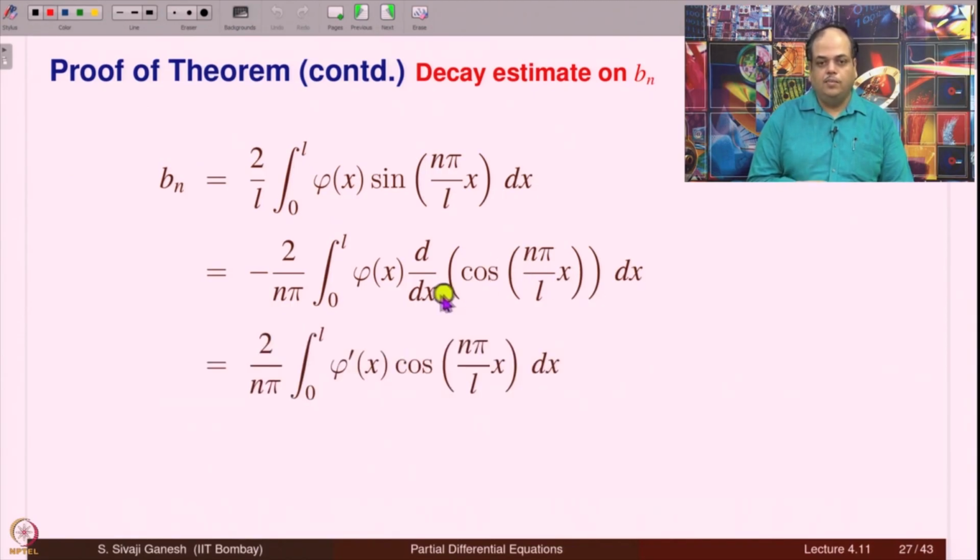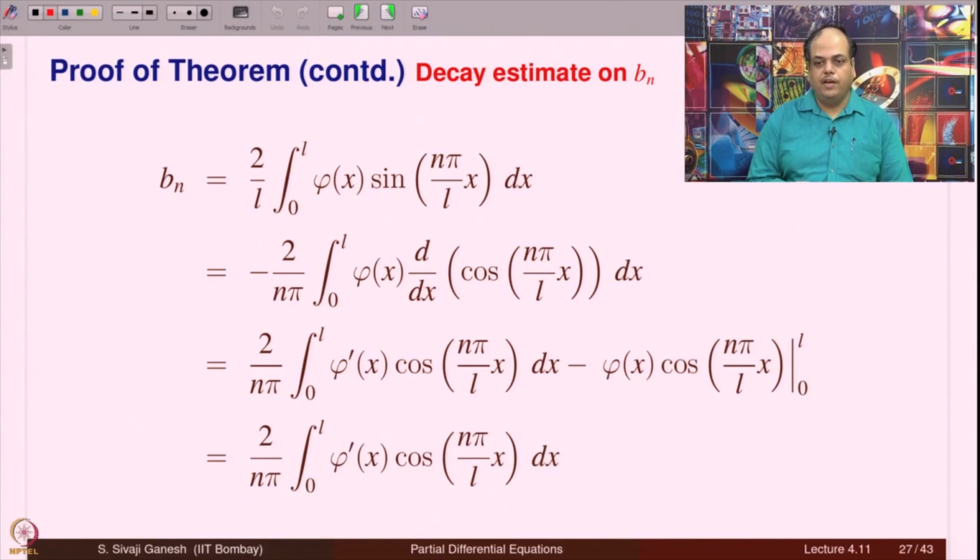So, d by dx will be shifted to phi, I get phi dash x here and cosine term here. That gave me n, you see one n came on differentiating once, and there will be boundary terms which is this. It is 0 because phi of 0 and phi of L are assumed to be 0.